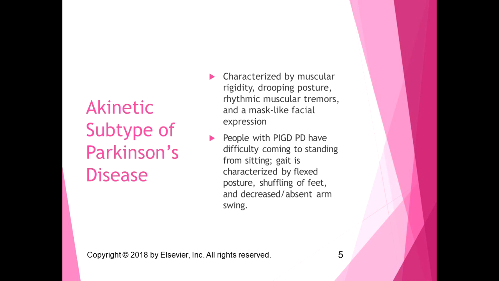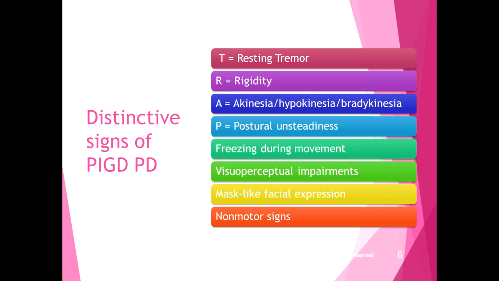Usually they don't develop the gait abnormalities until later on. The distinctive signs of akinetic Parkinson's, it's also called classic Parkinson's or classic idiopathic Parkinson's. That's what you'll hear in the clinic. So you can think of TRAP as the distinctive signs.